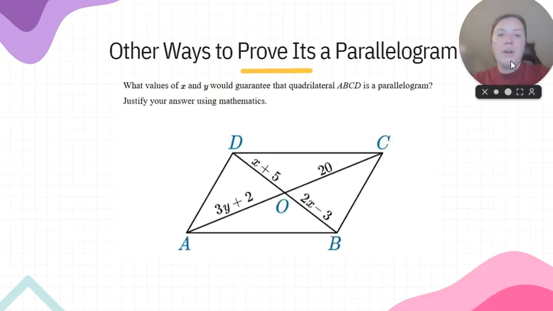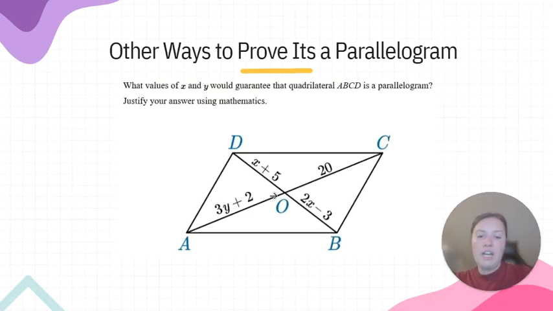Alrighty. Other ways to prove that it's a parallelogram: we just proved that if we have diagonals that bisect each other, then we have a parallelogram.